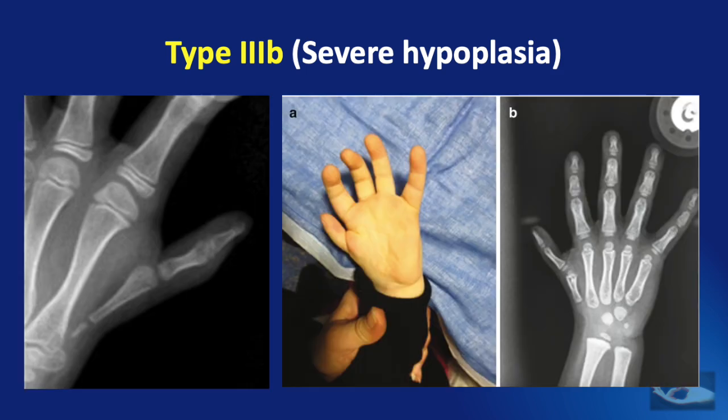The carpometacarpal joint articulation of the proximal metacarpal is absent. The metacarpophalangeal joint is very lax or absent on both the radial and ulnar sides, and the flexor and extensor extrinsic tendons are severely hypoplastic or absent.